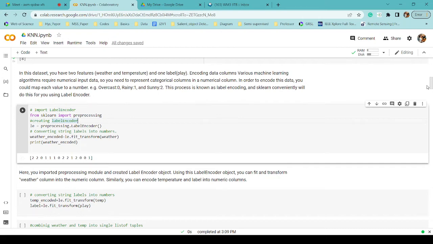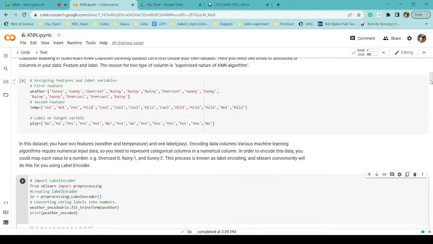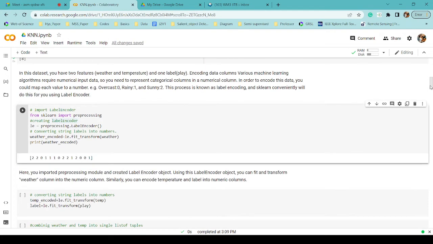First, I have encoded my weather data. Similarly, I'll also encode my temperature and play data, because that is how we will know the output. We have to assign some coding: if 0 comes, it means overcast. To do that, I'm importing preprocessing. There's something called LabelEncoder, which we have already done previously.